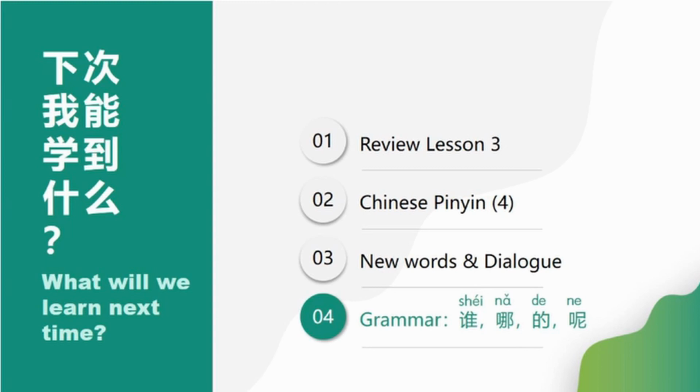My name is, you can say 我的名字是 or you can also say 我叫。Okay, do you have any other questions?